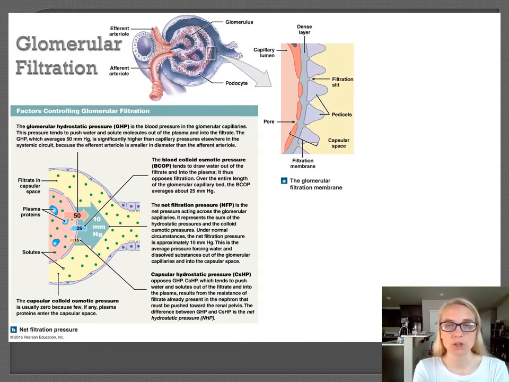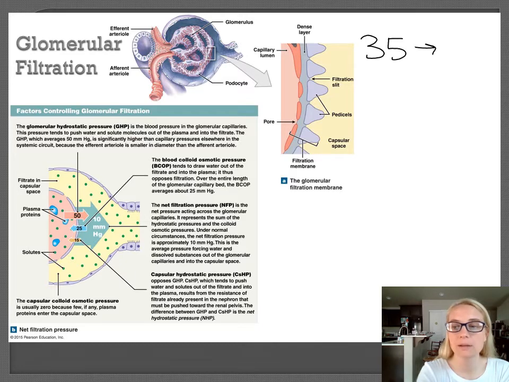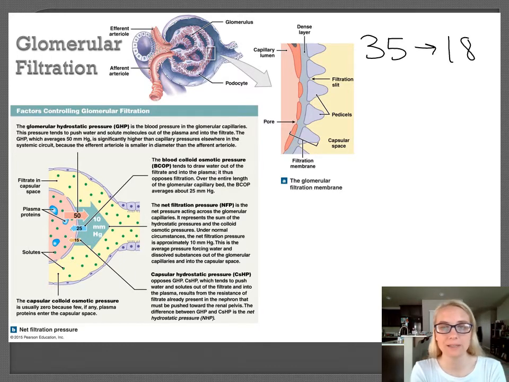So the pressure inside the capillary bed can actually reach pretty high. And so if you remember, our capillary hydrostatic pressure in a regular capillary bed went from 35 to 18, right? So it started at 35 millimeters of mercury at the arterial end, and it dropped down to 18 millimeters of mercury as it drained into the venule end.